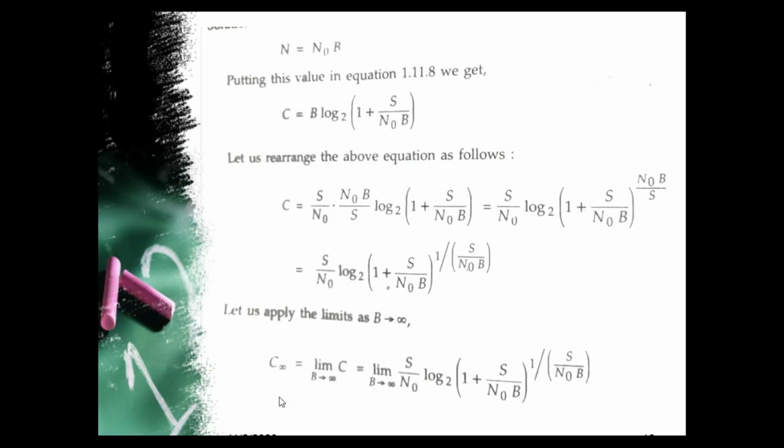Then C infinity equal to limit B tends to infinity of S/N0 log to the base 2 of (1 + S/N0B) raised to 1 by S/N0B. We have applied the limit B tends to infinity.